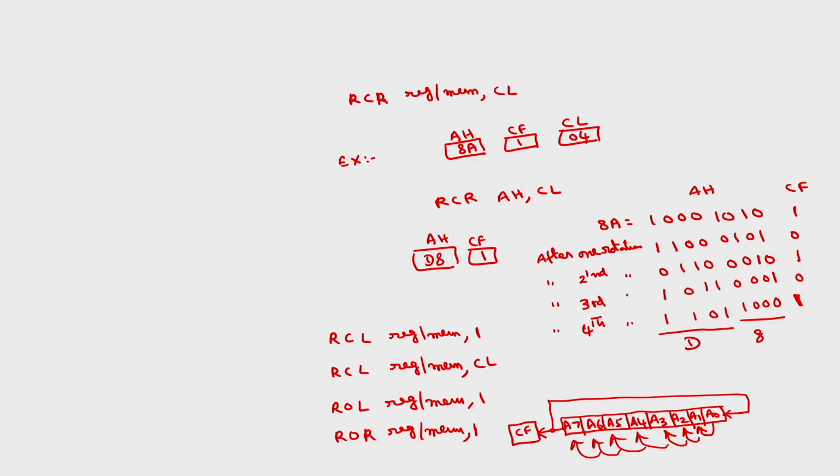We have multiple rotations similar to this, where we can write CL. So, for multiple bit rotation of contents of a register or memory, we can write ROL register/memory, comma CL, this is without carry, and ROR register/memory, comma CL.